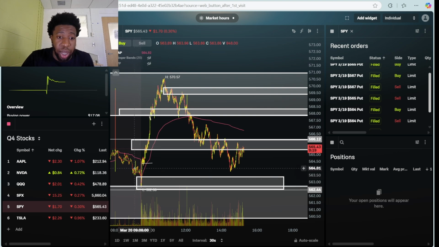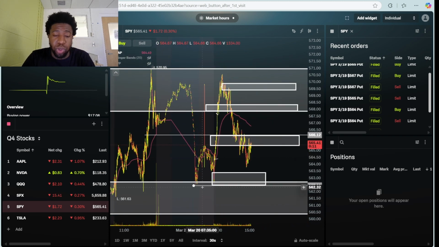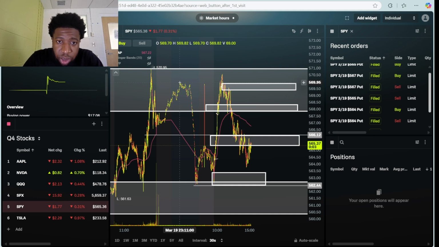Today, SPY fell initially, it fell a lot pre-market, but I have the lows and highs marked. Well, I should have marked the high of yesterday because that was a very significant point. Looks like it's the start of my high volume zone. But yeah, I tried to mark off the lows of pre-market, lows of yesterday, highs of pre-market, highs of yesterday, because those are all very significant zones where reversal is very possible.